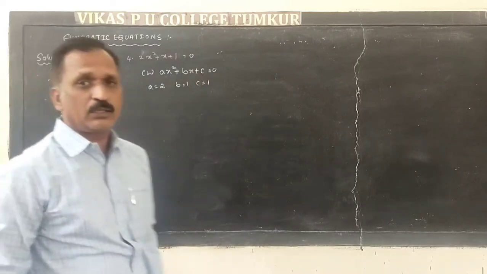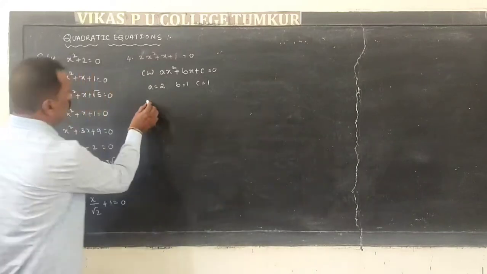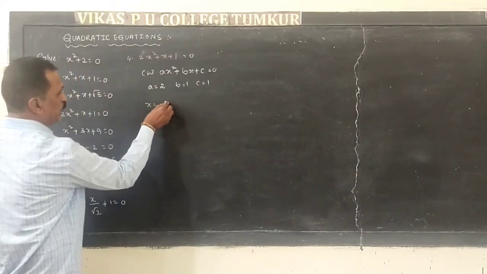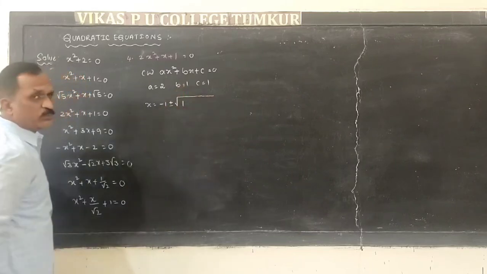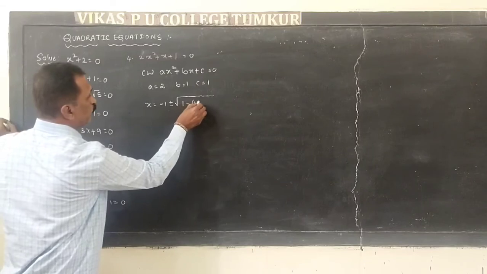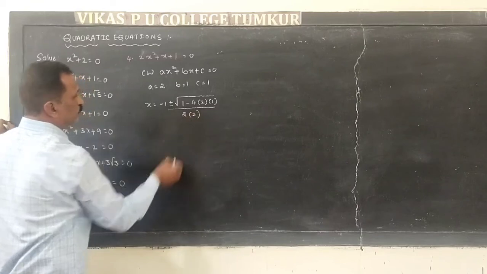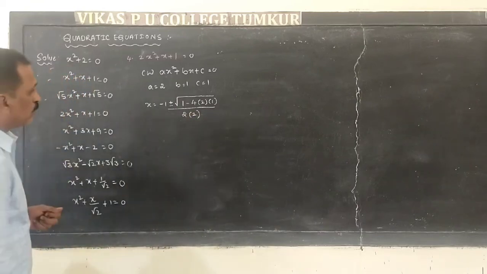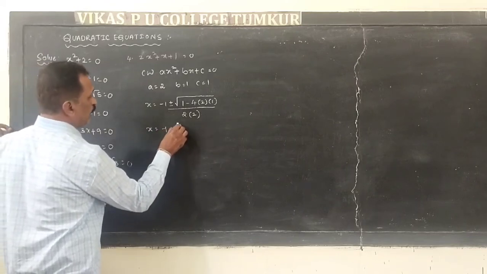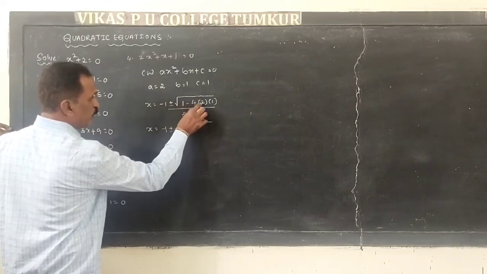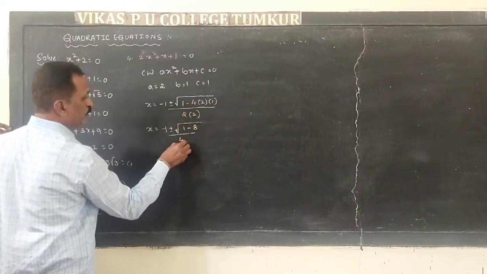Very good, right? Now look at the next one. Then the value of x is equal to minus b plus or minus root of b square, which is 1 square is 1, minus 4ac, 4 into 2 into 1, divided by 2a, 2 into 2. Right? Then the value of x is equal to minus 1 plus or minus root of 1 minus 4 into 2 into 1 is 8, 1 minus 8, by 4.